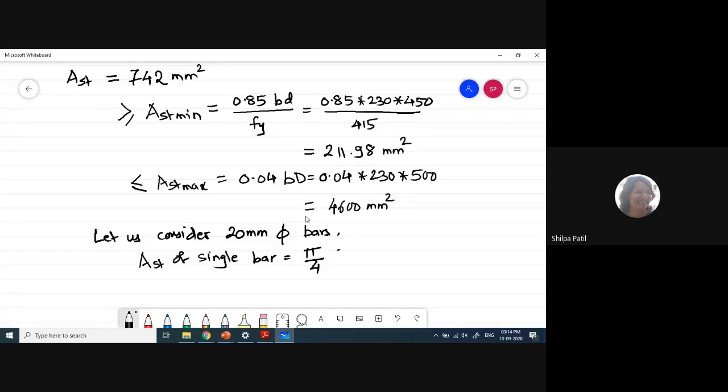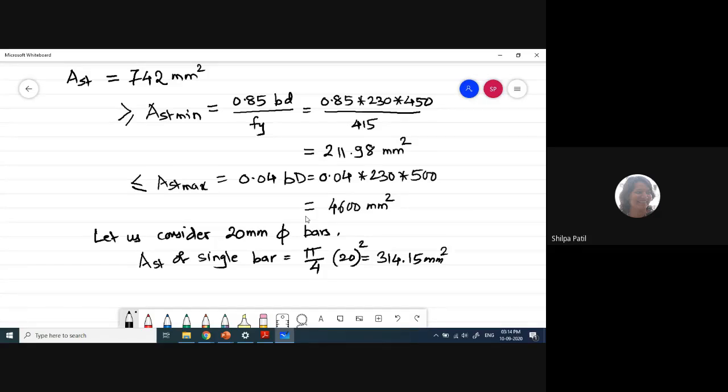Pi by 4 into d square. What is this value? 314.15. Okay.